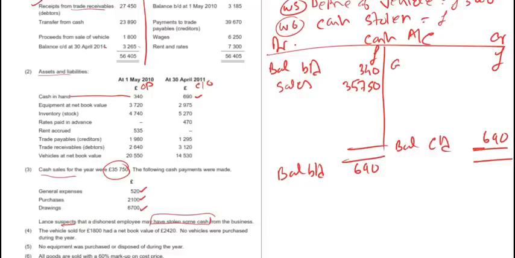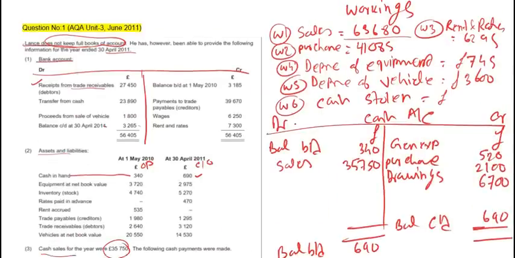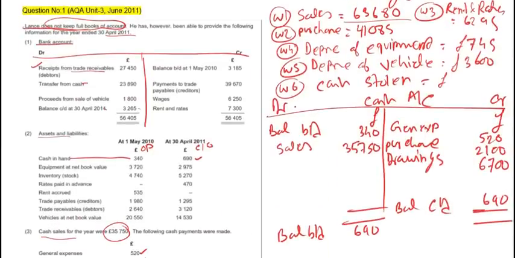General expenses 520, then purchases 2100, then drawings 6700. Okay, anything else from our bank account? You can see transfer from cash, 23890.